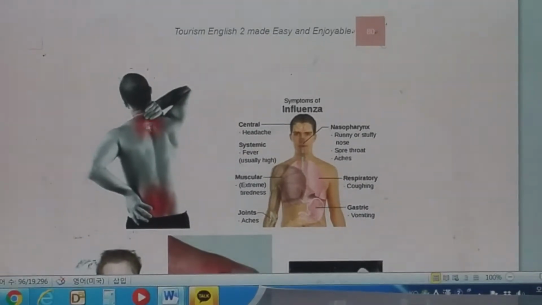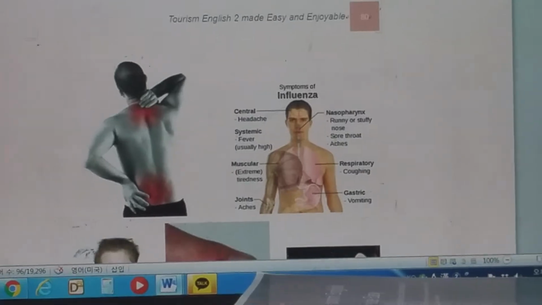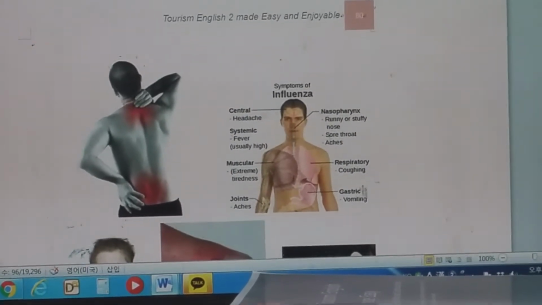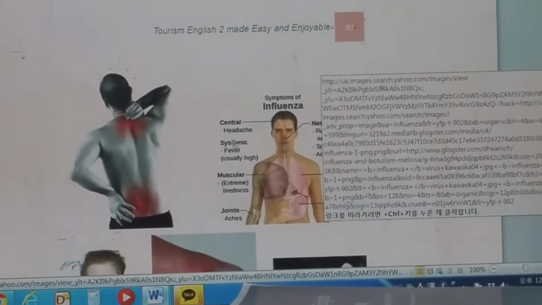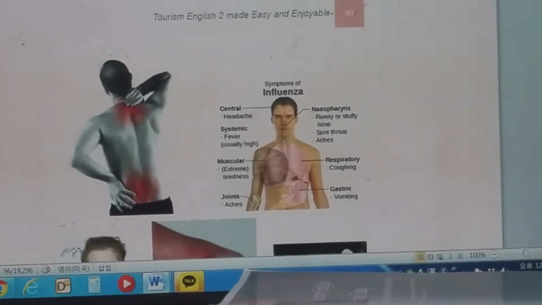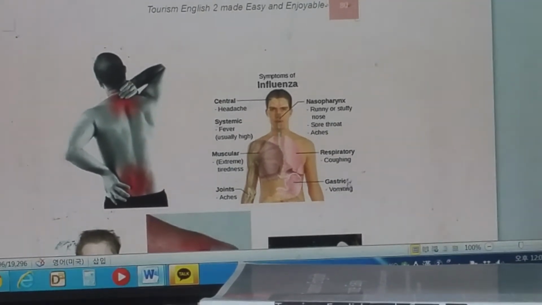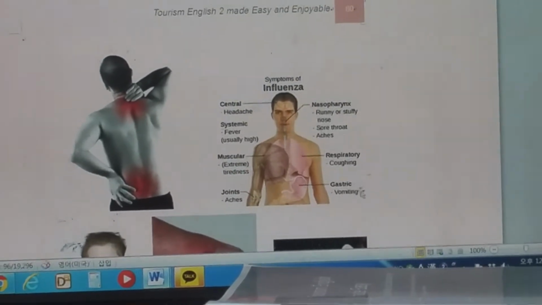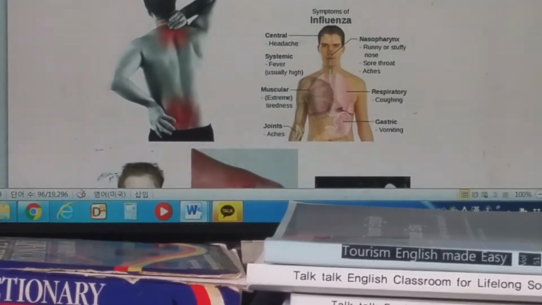You can see here: back pain, neck pain. This is influenza, all kinds of pains at various places, at the joints, muscles, systemic fever, all kinds of respiratory problems, your pharynx at the back where you swallow, gastric, all kinds of problems when you are sick.